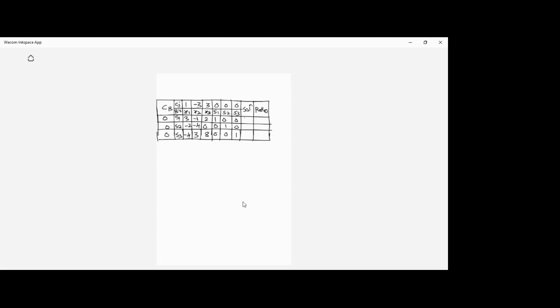Right, solution is 7, 12, 10, minus 7, minus 3, that is 10 by 3. So Zj, Cj minus Zj values: it is 0, 0, 0, 0, 0, 0 and 0, and what we earlier got is 1, minus 3, 3, 0, 0, 0. So this was our leaving variable and this was our entering variable. So this is our key column and this is our key row.